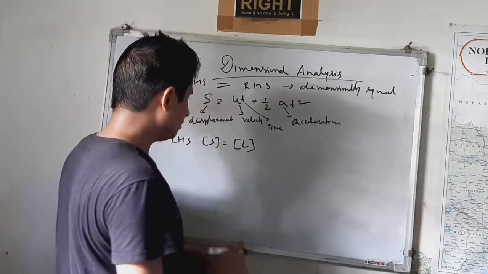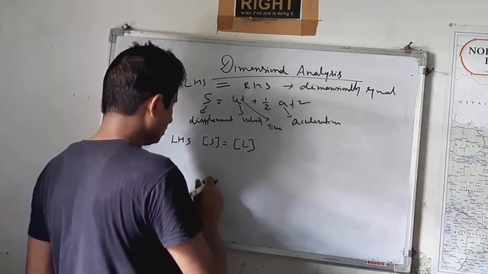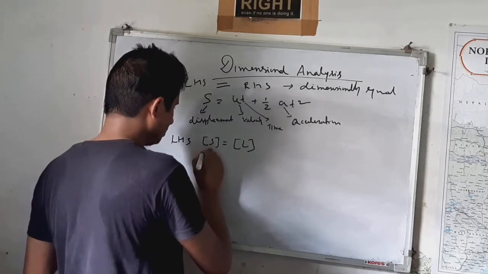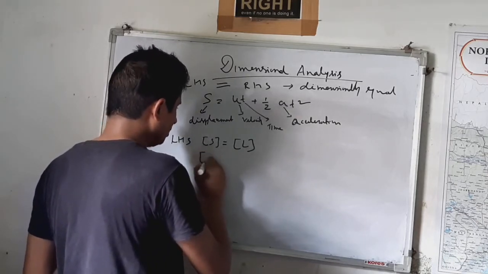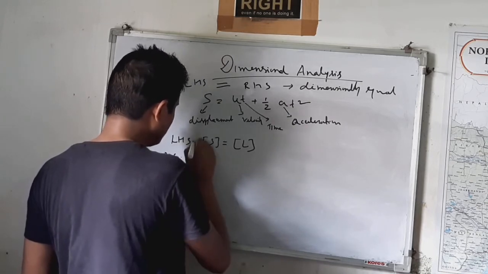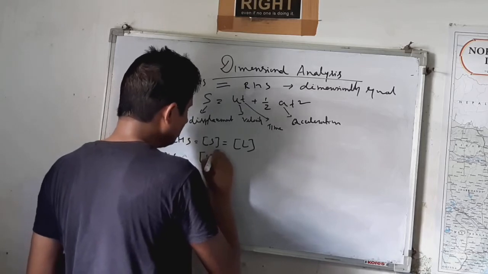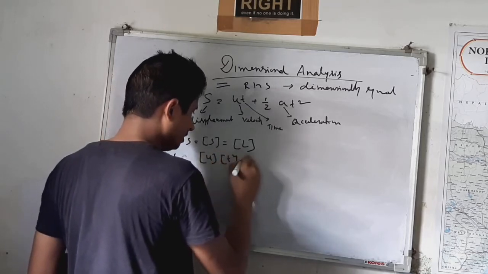If I want to calculate the dimensions of the right hand side, there exist two terms. One is ut.